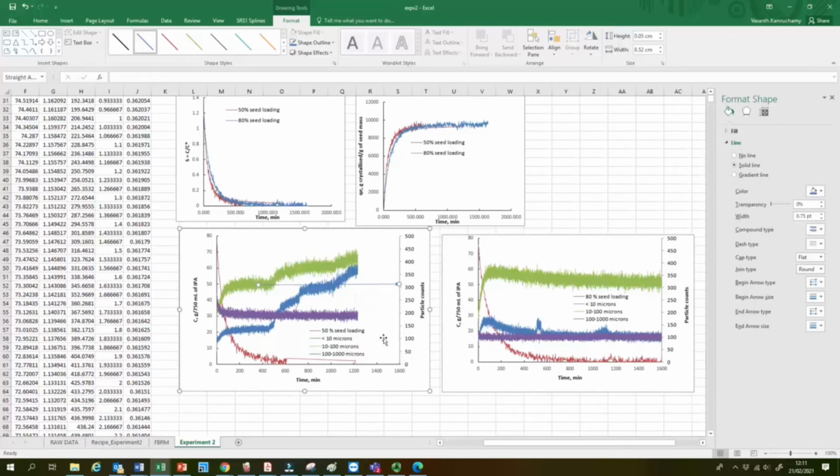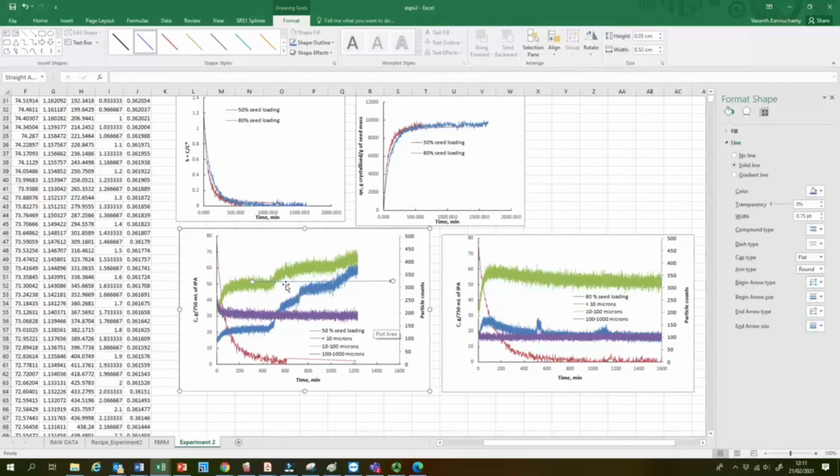But we see that with respect to time, the number only goes up, which means this can happen only if there is some nucleation in the crystallizer. So this is a good experiment to demonstrate the power of FBRM. At least your FBRM helps you to show how it can pick up unwanted events like secondary nucleation during a crystal growth experiment.